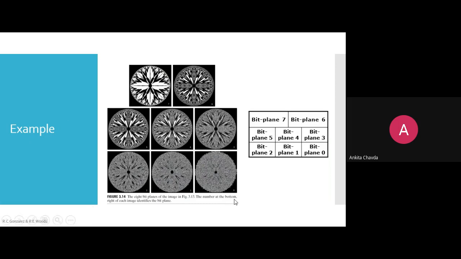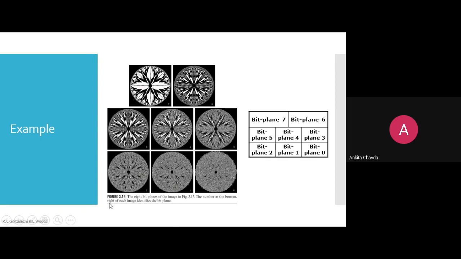The numbers at the bottom are 0, 1, 2, 3, 4, 5, 6 and 7. The 7th level contains very high information, almost all the information. So you can say 6 and 7 both have all the details, right? All the other bits have very little detail, especially the 0th. So 6th and 7th both contain the major details of your image.